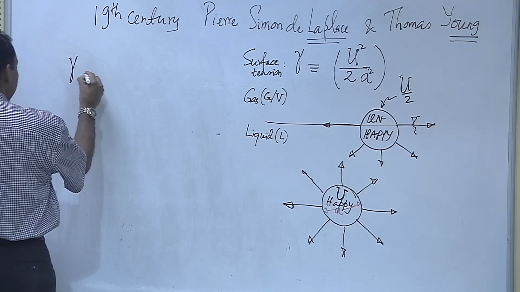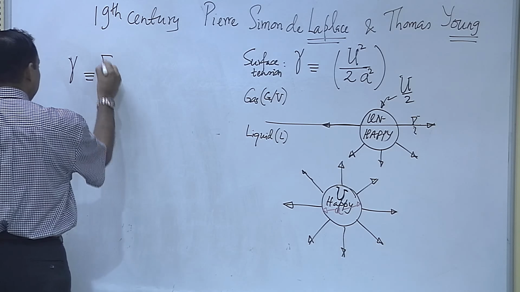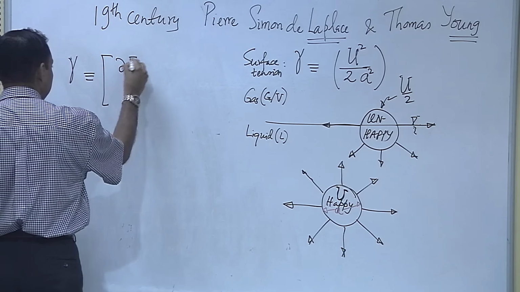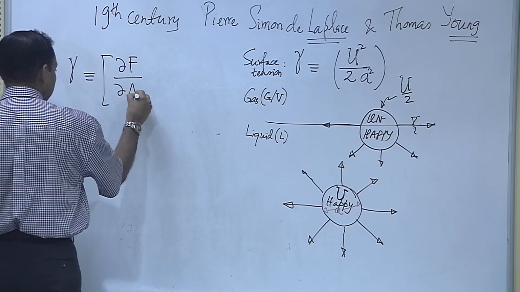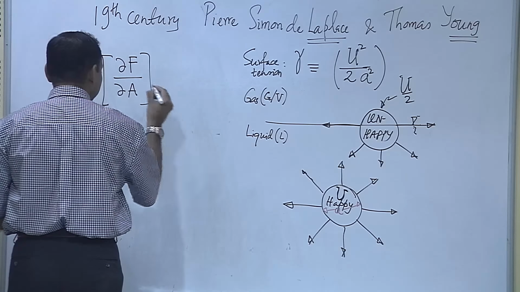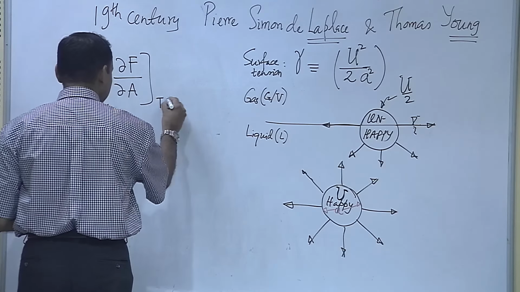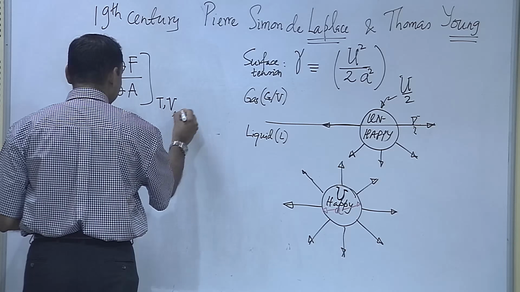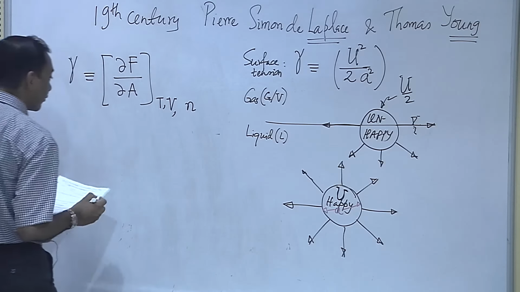So gamma can be defined as del F del A, where F is the free energy at a constant temperature, total volume, and number of molecules.